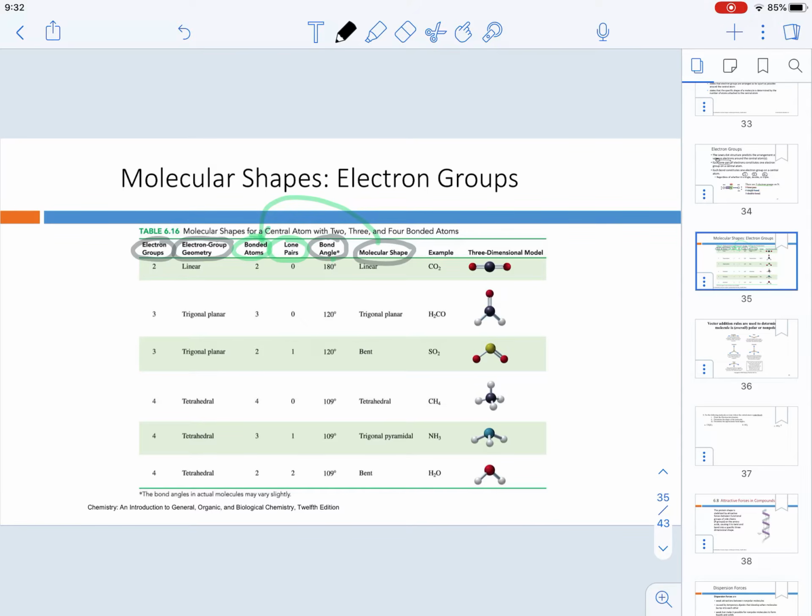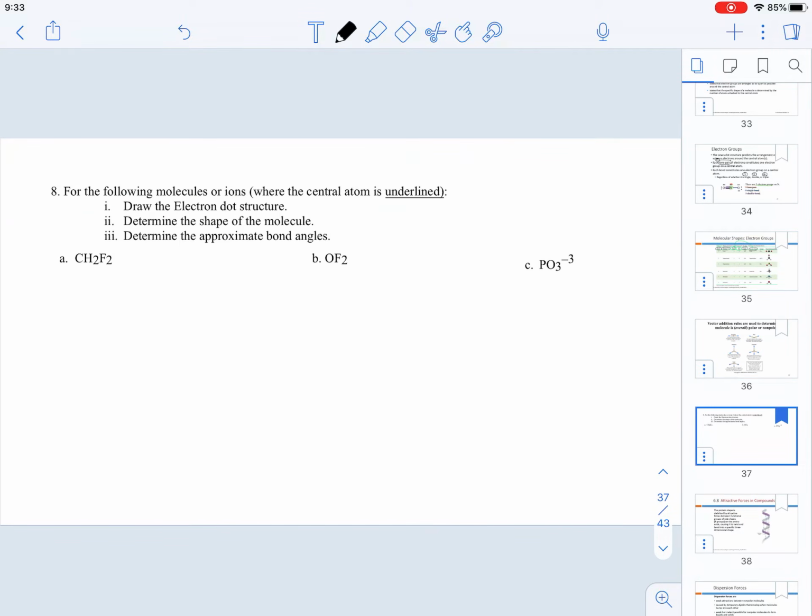So, in order to practice all of this, I'm going to start by doing a particular example. As you can see here, I'm going to do letter A. For letter A, I'm going to draw the Lewis structure. Carbon is my central atom. This molecule has 2 hydrogens and 2 fluorines.